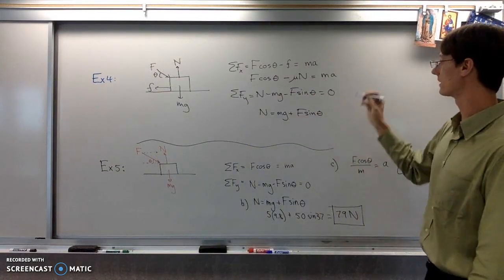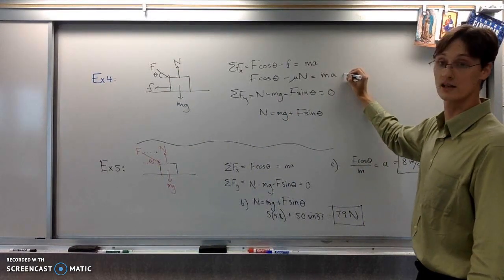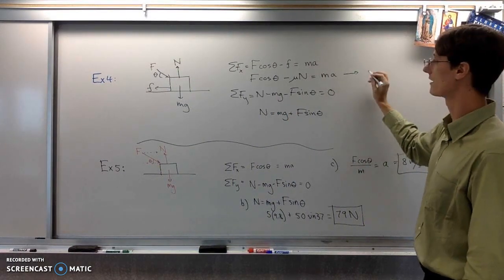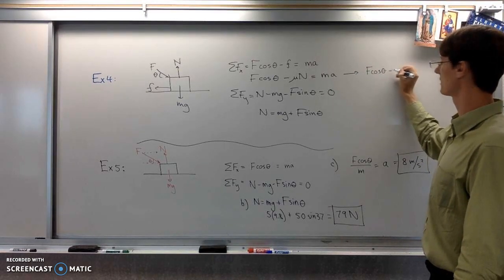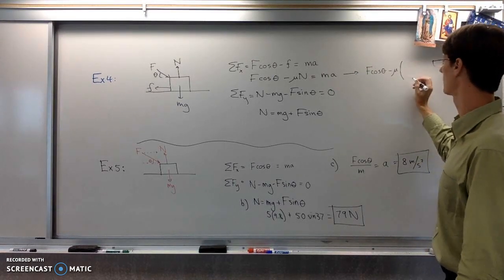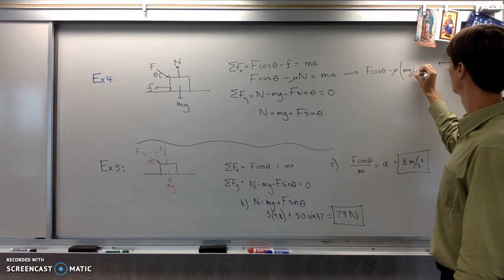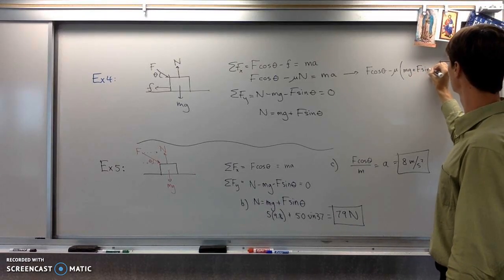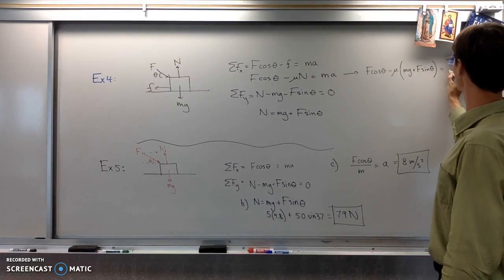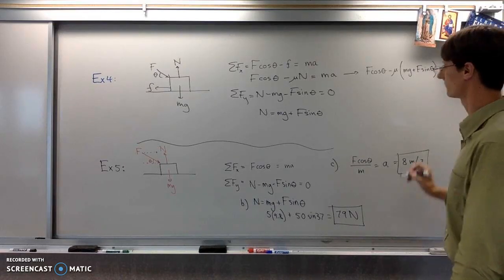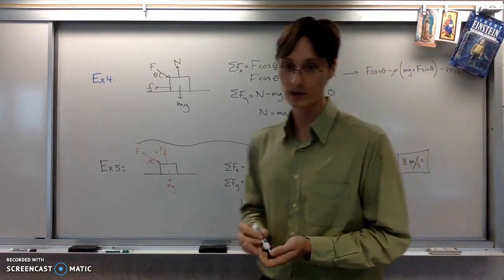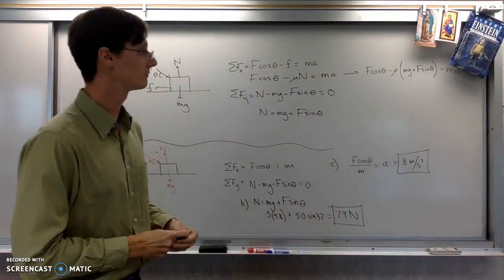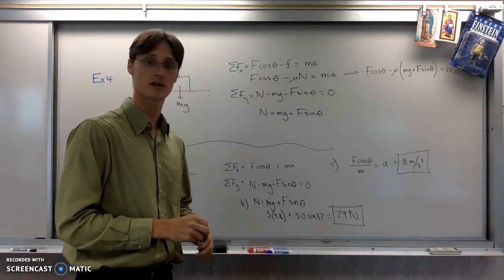All right, so let's see what this equation turns into when we do that. We have f cosine theta minus mu times the quantity mg plus f sine theta equals ma. At this point, you could pretty much start solving.